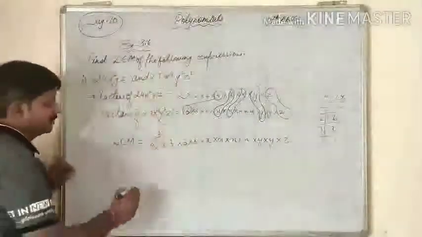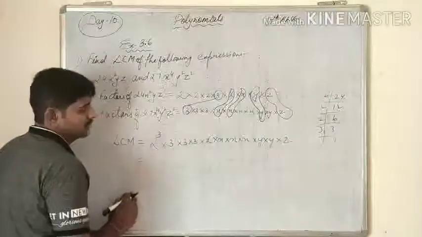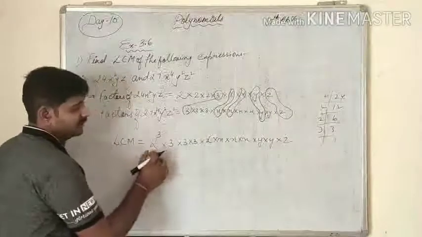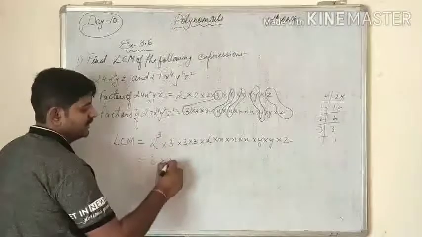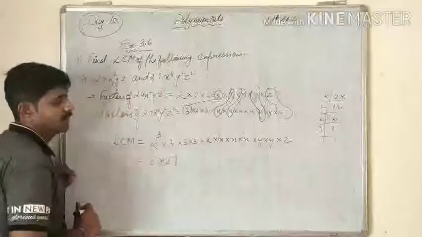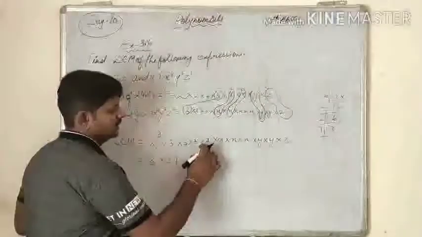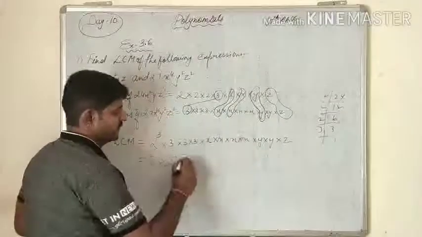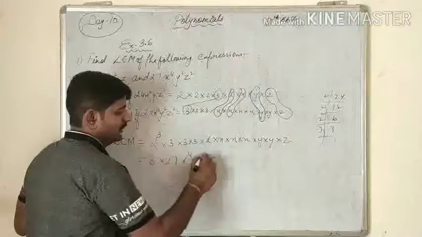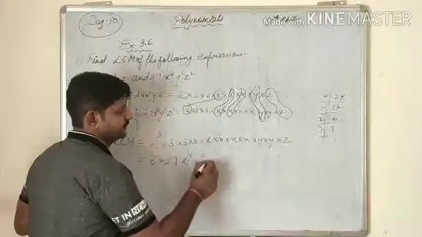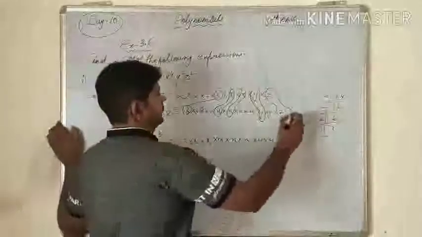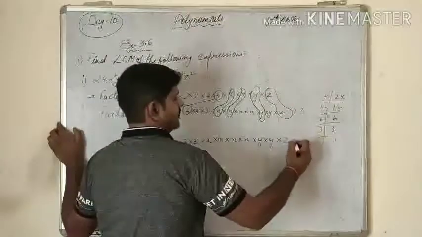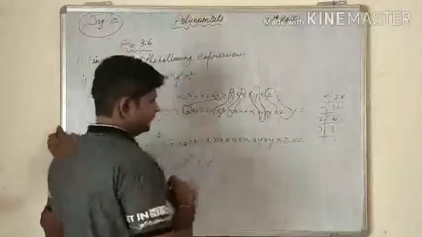If we multiply all, so 2 raised to 3, which is 8, and this is 27. Then x raised to 4, y square and z. Z is 2 times, that's why one more z will be there, so z is square.